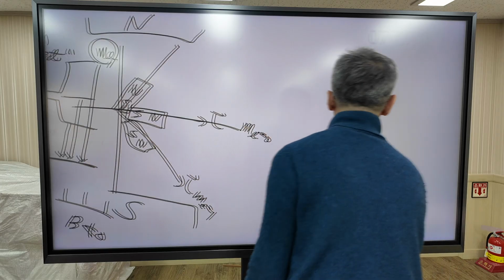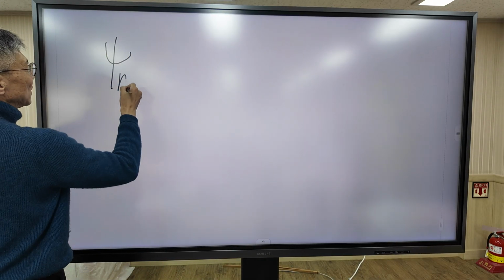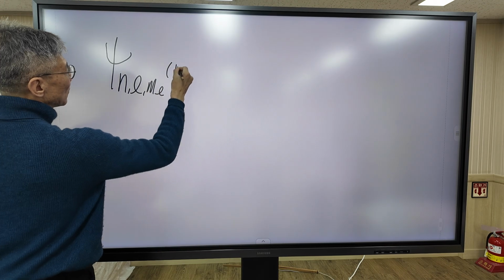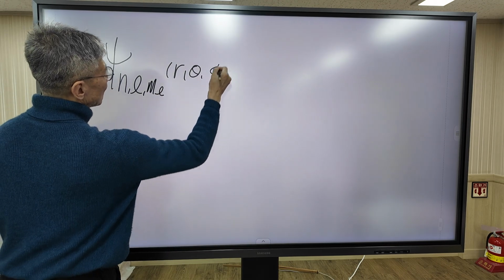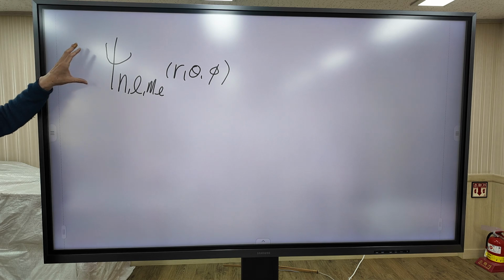Now, the wave function depends on n, l, ml, and is a function of r, theta, phi. We are going to obtain this wave function by solving the Schrödinger equation.